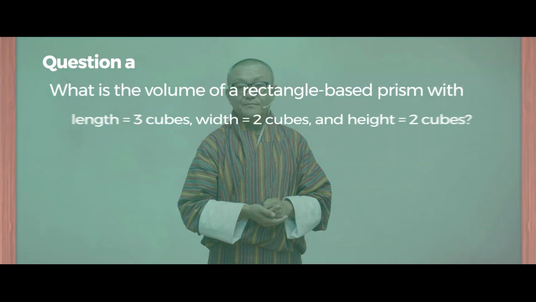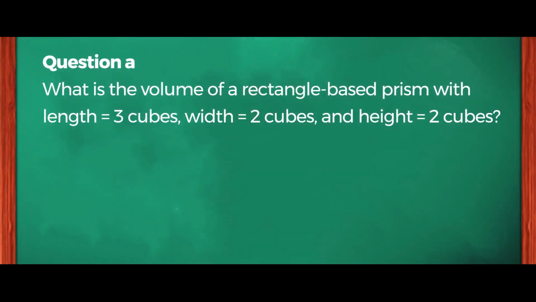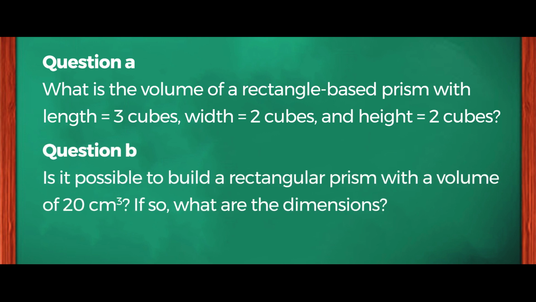Before I wind up my lesson, I have some questions. Question number A: what is the volume of a rectangle base prism which has length 3 cubes, width 2 cubes, height 2 cubes? Question B: is it possible to build a rectangular prism with a volume of 20 centimeter cube?